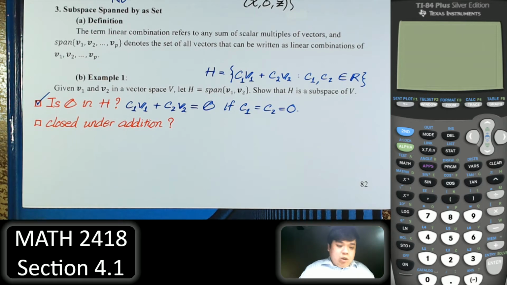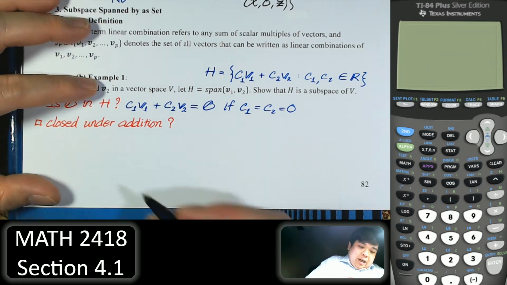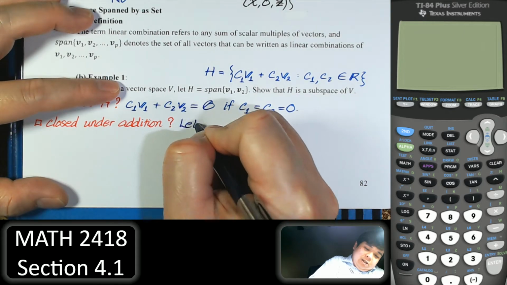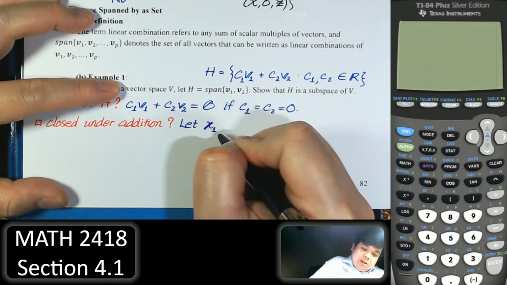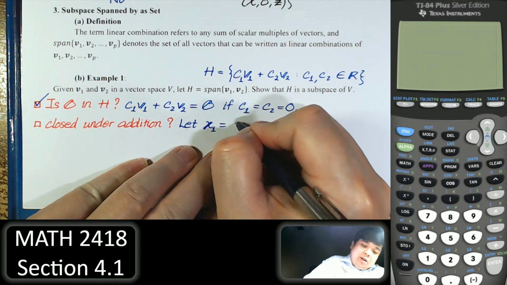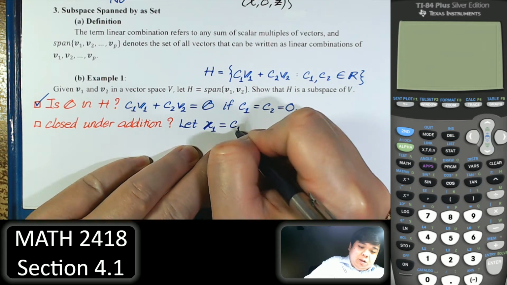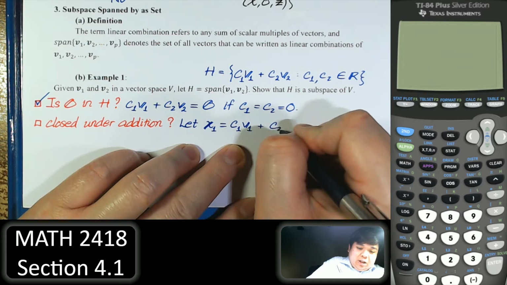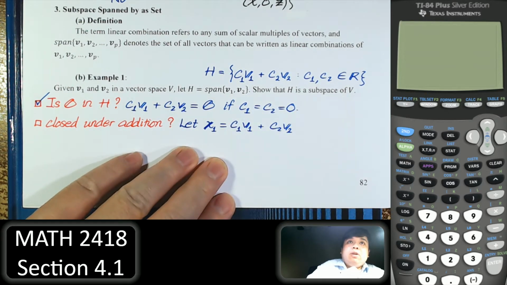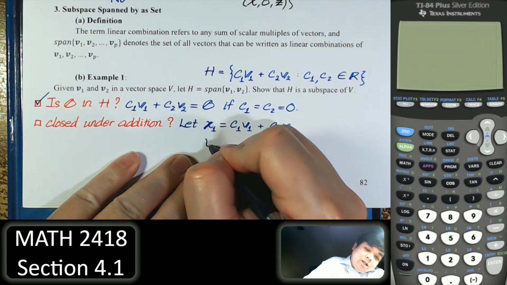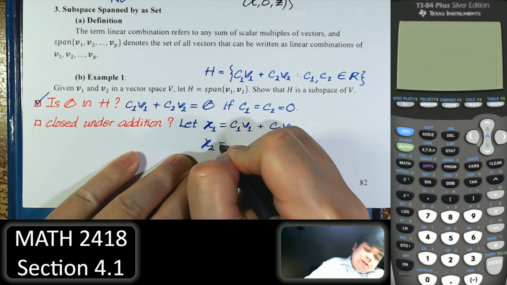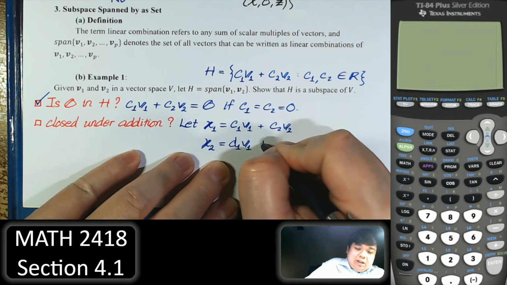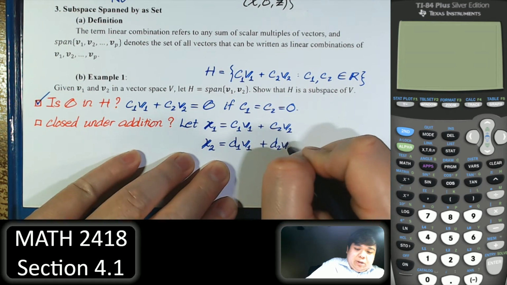Right, so we're going to prove it like this. Let's say we have x1, which of course can be written as c1 v1 plus c2 v2, and now let x2 be d1 v1 plus d2 v2.